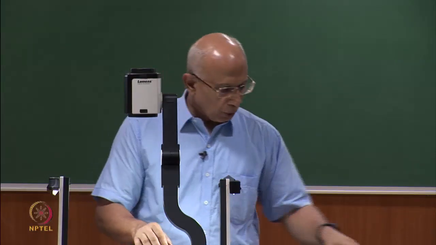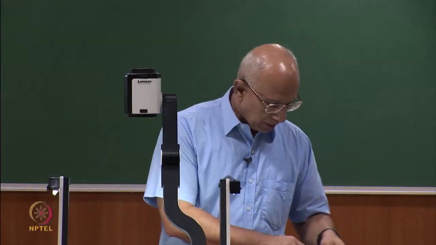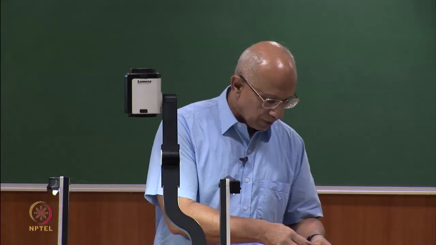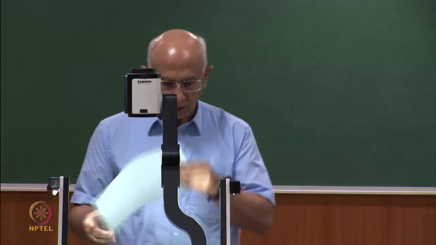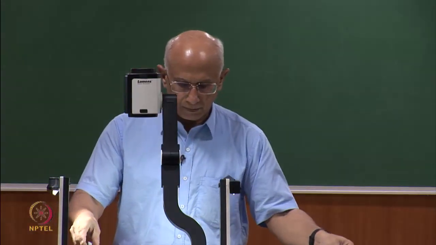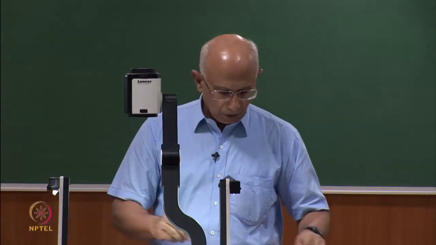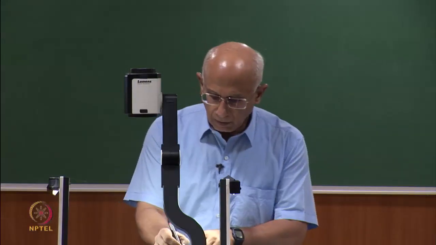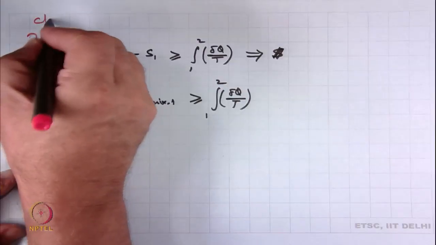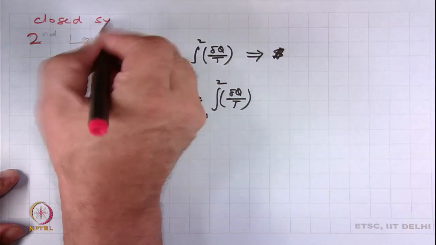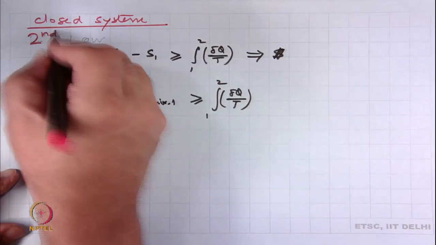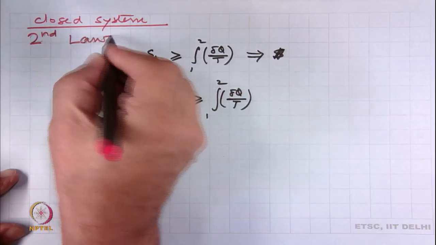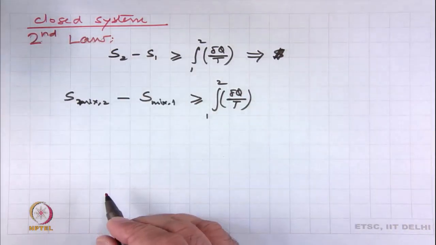The third thing that we have to do for the system is the second law analysis. We are still looking at a closed system, and we ask what the second law analysis of a closed system is.